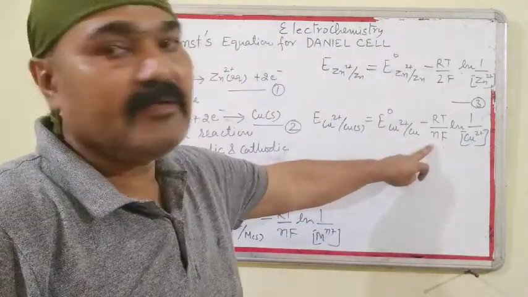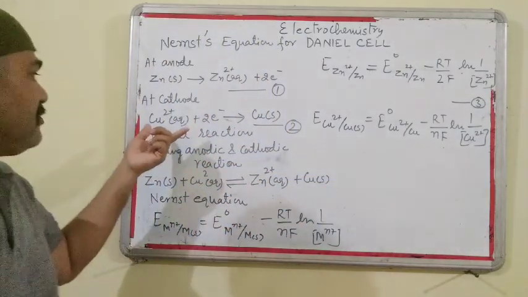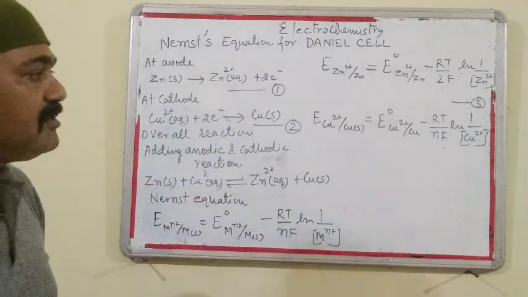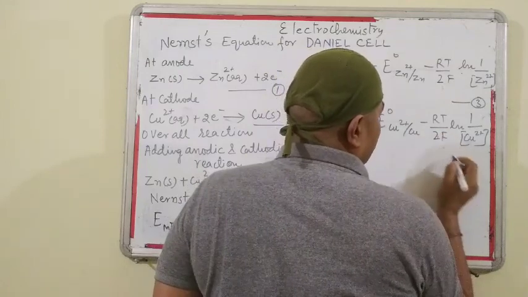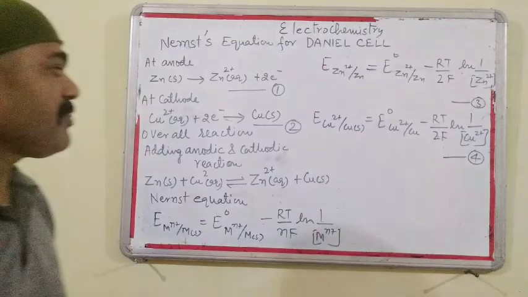Here again the value of n is 2, as we know from the equation Cu2+ plus 2 electrons. So n equals 2. Let this be equation number 4.